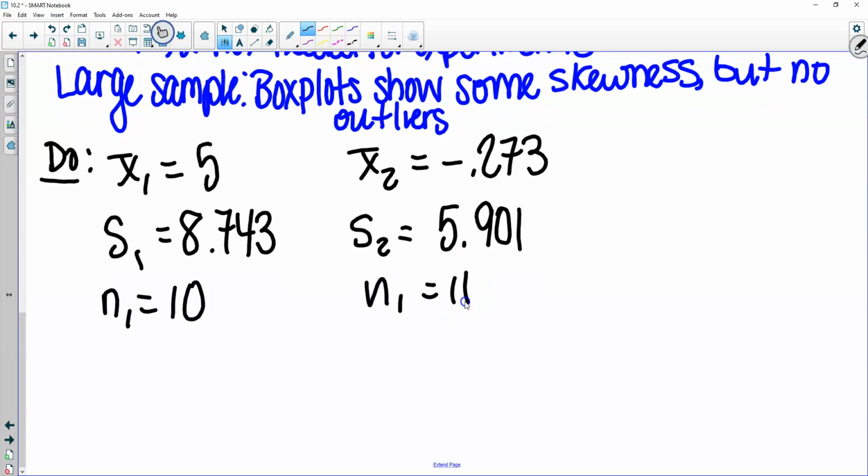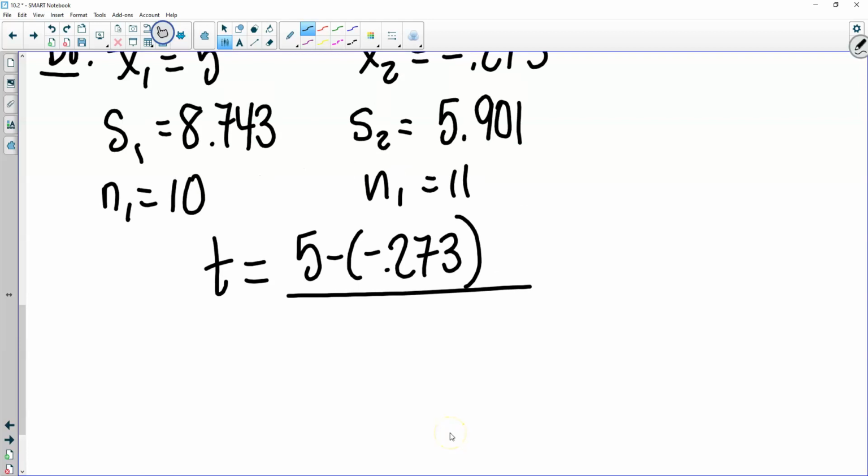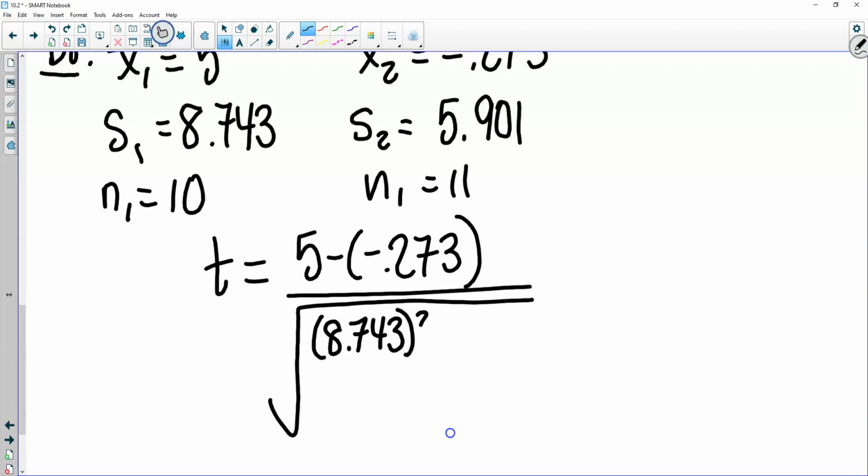Now with all of that, we should be able to calculate our t-test statistic. X bar 1 minus X bar 2, minus 0, so I don't have to write that, divided by the square root of S1 squared over N1 plus S2 squared over N2.